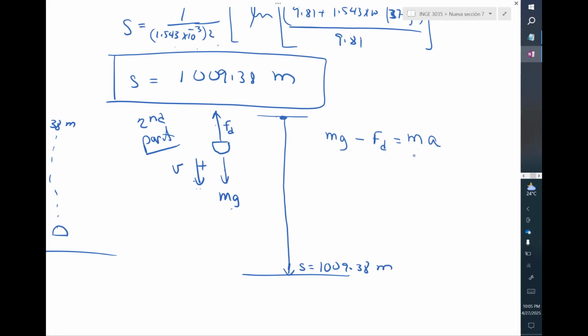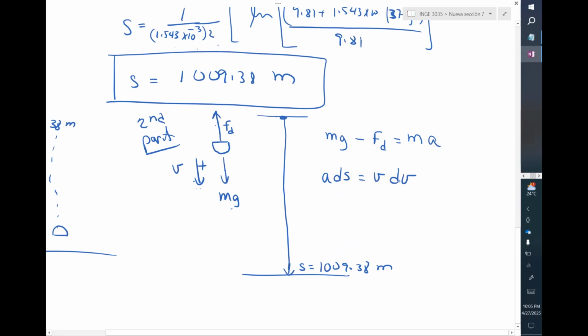Now, as we did in the first part, what we know is that acceleration times ds equals v times dv. And that's interesting, because this one will not involve time at all.